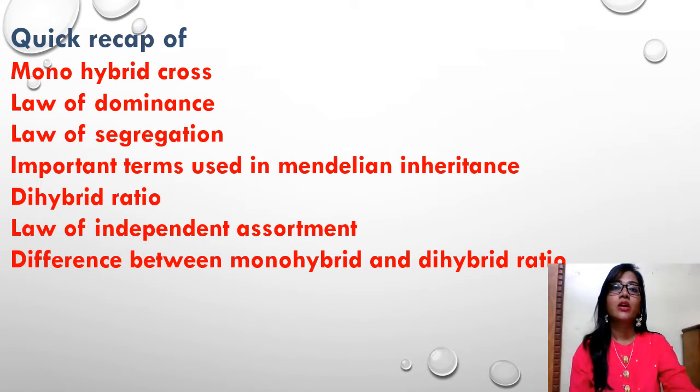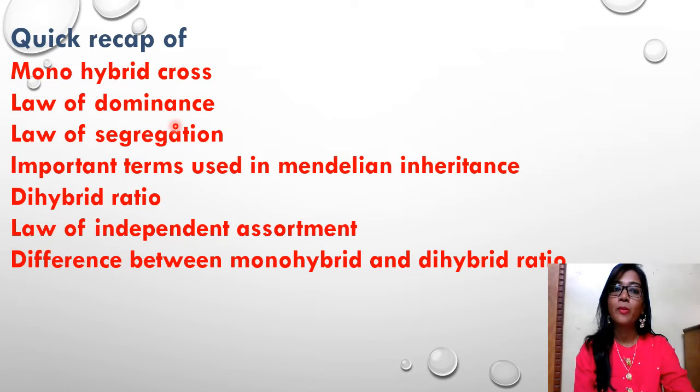In today's lecture we are going to study dihybrid ratio in detail, and of course the third law of inheritance, which is based on this dihybrid ratio, that is law of independent assortment, which was proposed by Mendel. The first two laws, law of dominance and law of segregation, can be very well explained by the monohybrid cross.